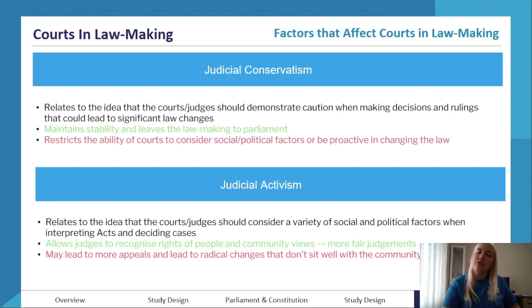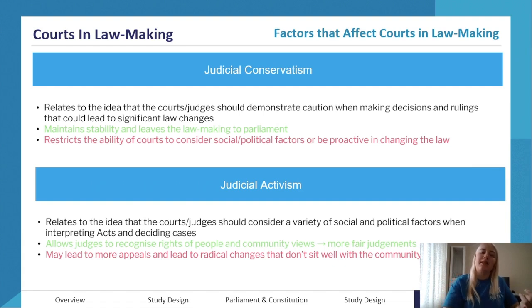So conservative judges view lawmaking as strictly the role of parliament, and they prefer to avoid creating any new precedents or making any changes to common law. They will be really cautious and really conservative. They try to keep the law stable and leave changes to lawmaking to parliament. But this is obviously the positive thing, maintaining stability, ensuring parliament has the most power when it comes to making law. That's all completely fair.